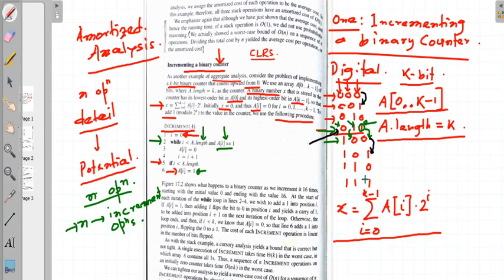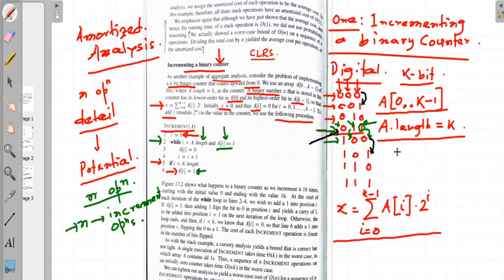How many bits are getting flipped, not shifted, that count will give the time complexity of this algorithm, because that is consuming the bulk of the cost.